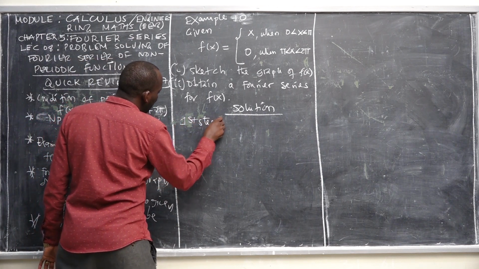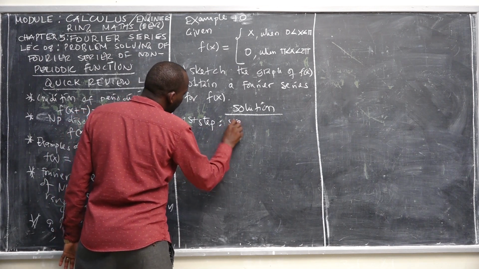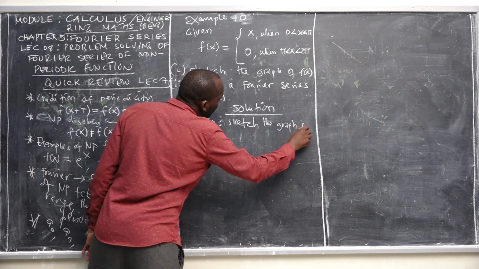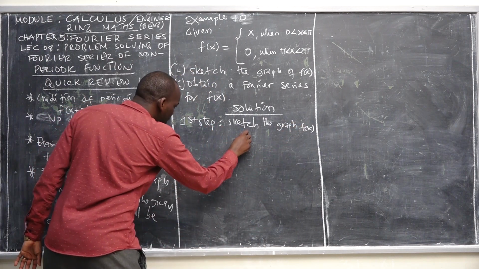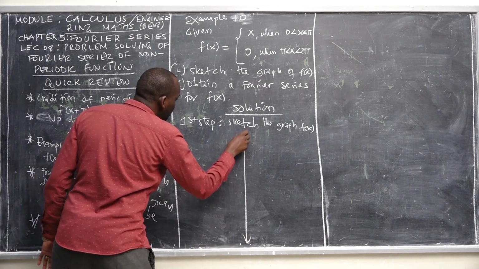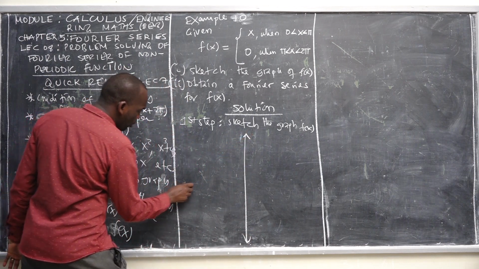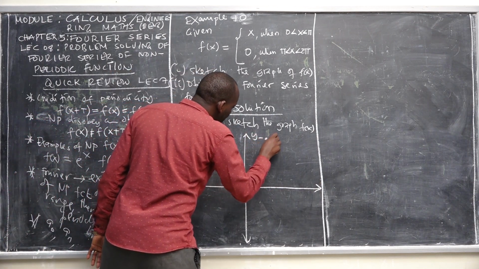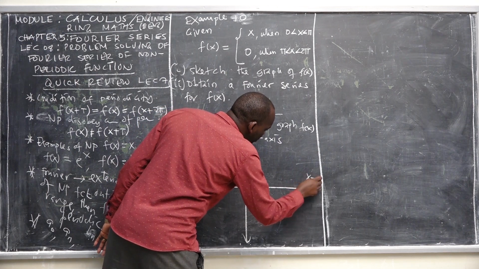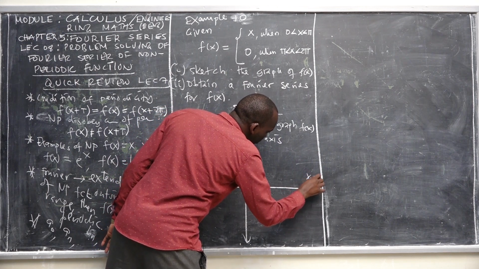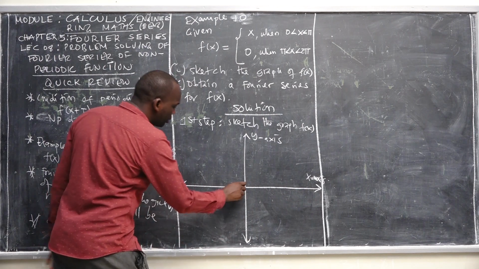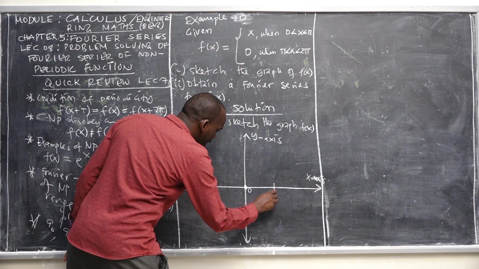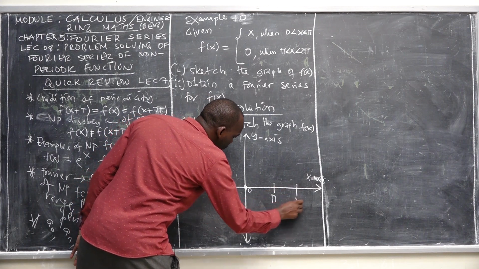So we go for the first step. We have been asked to sketch the graph of f of x. So here is the sketch. Stop writing, just listen and watch. So this is the y-axis, and this is the x-axis. Here it's 0, then here is pi, and here is 2 pi.